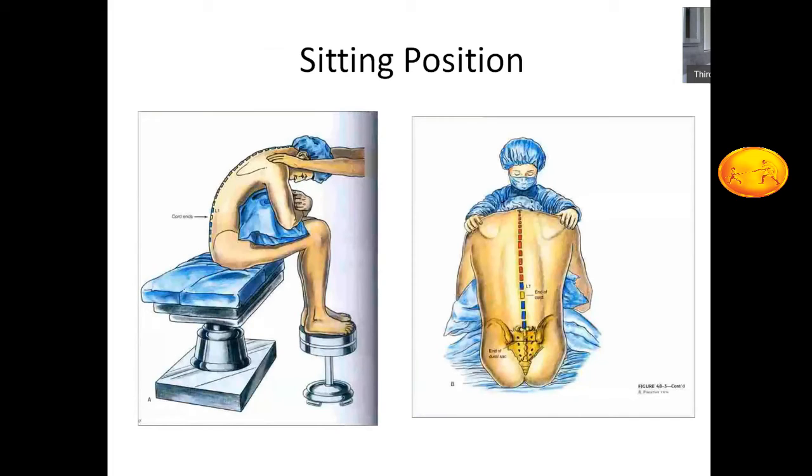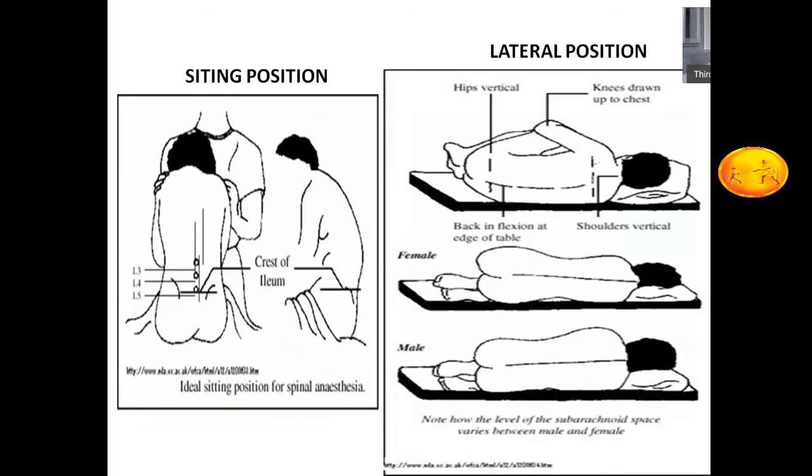This is how we give the position for giving the spinal anesthesia. It can be given in the sitting position at the level of L3. So how to identify the L3 segment? These are the methods. You have to palpate the highest point of the iliac crest, and the line which passes through the two highest points of the two sides is called the Tuffier's line.